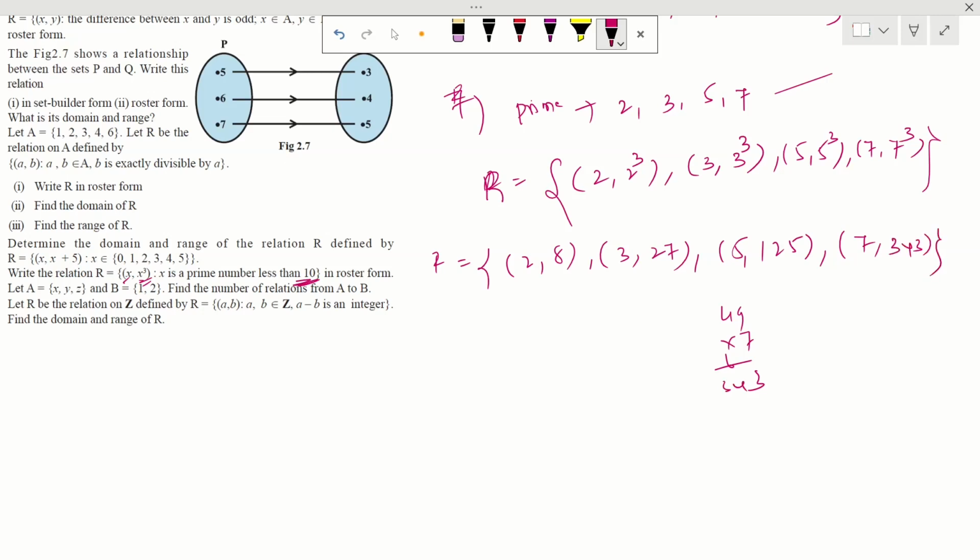Okay, we have written it in roster form.